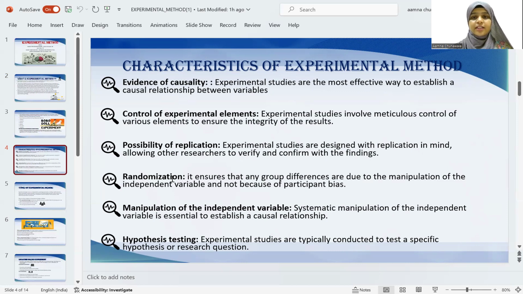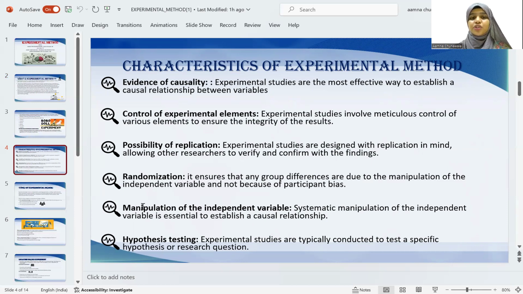Fourth, we have randomization. Random assignment of participants to treatment and control groups is crucial for minimizing bias and ensuring that any observed differences are truly due to the manipulation of the independent variable. Randomization hence controls for pre-existing differences between groups that could potentially impact the outcome.